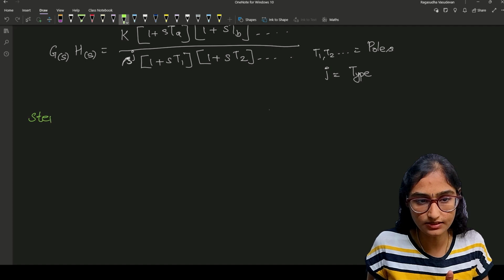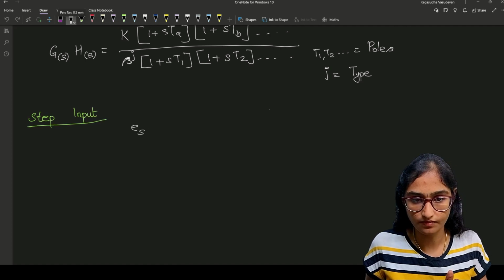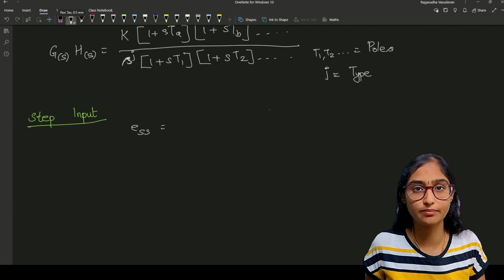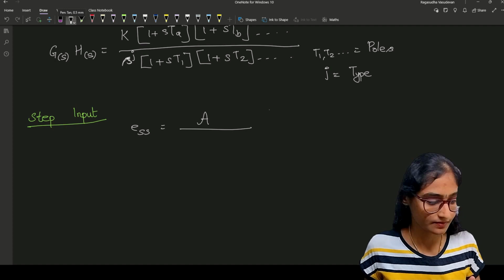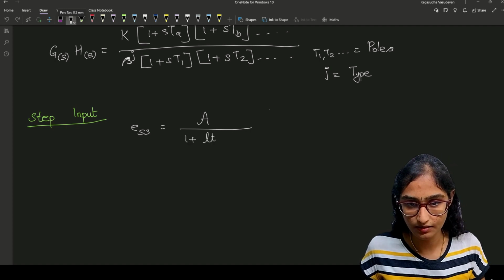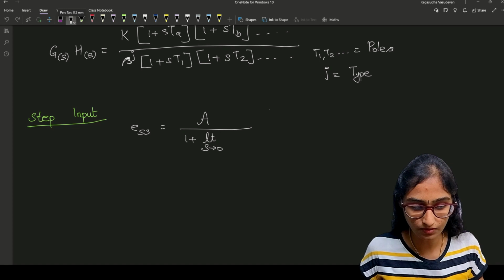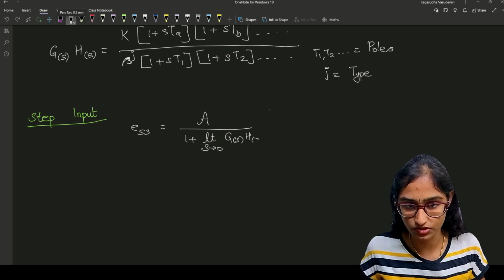First, let us consider a step input. This is not unit step input, this is step input of step size A. So in that case what's going to be ESS? A divided by 1 plus limit S tends to 0 G(S) into H(S).